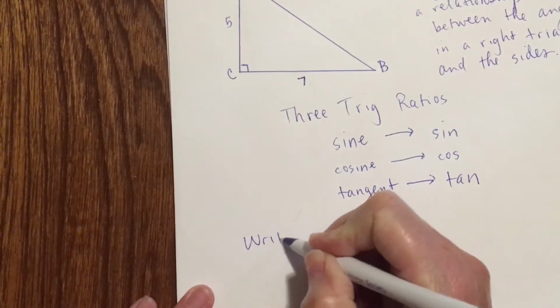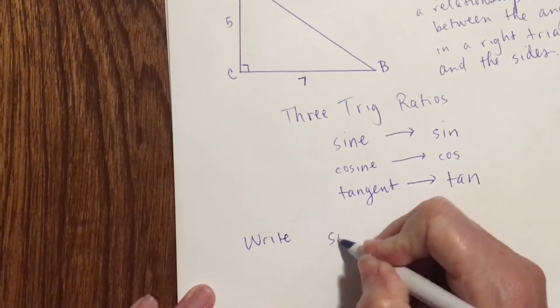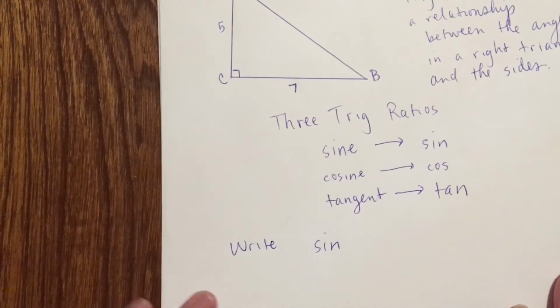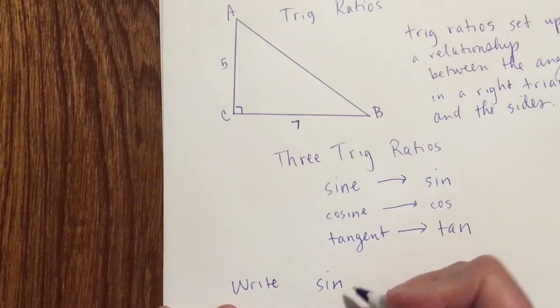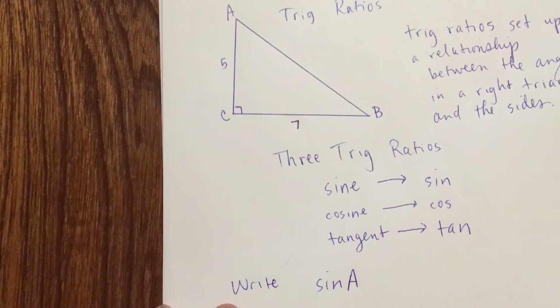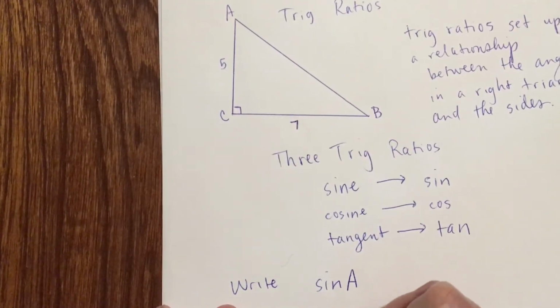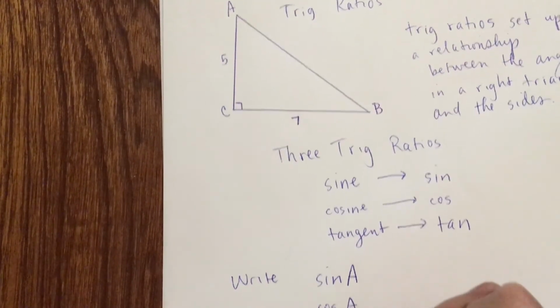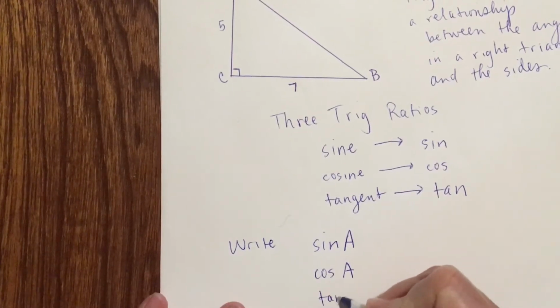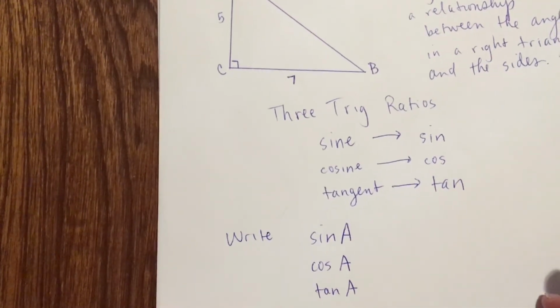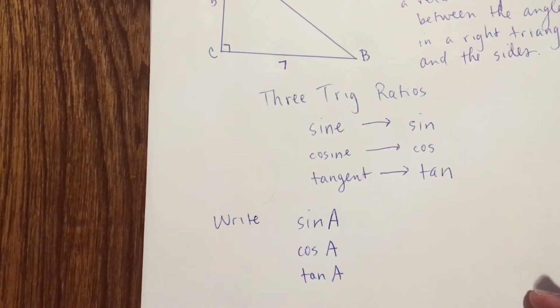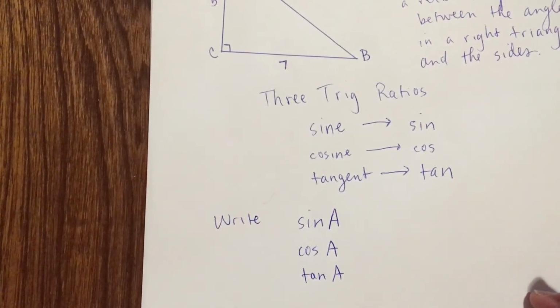So I would write sine, abbreviated SIN, sine A, cosine A, tangent A. And I can use the abbreviations, but I'm pronouncing it the whole word.